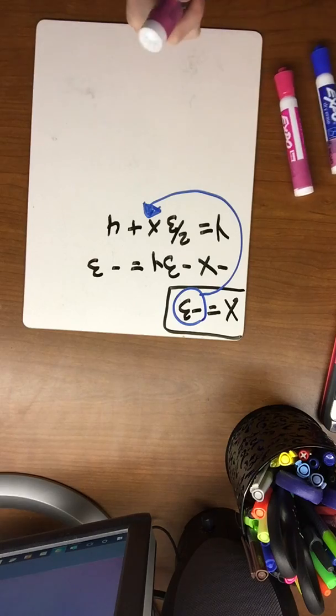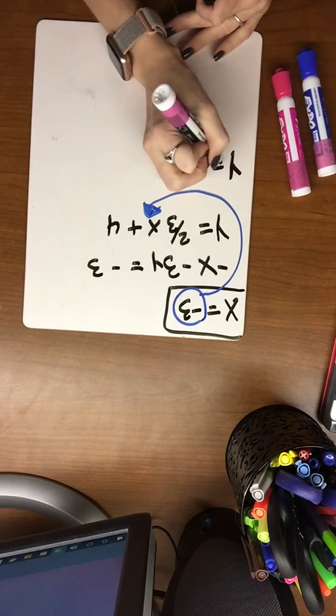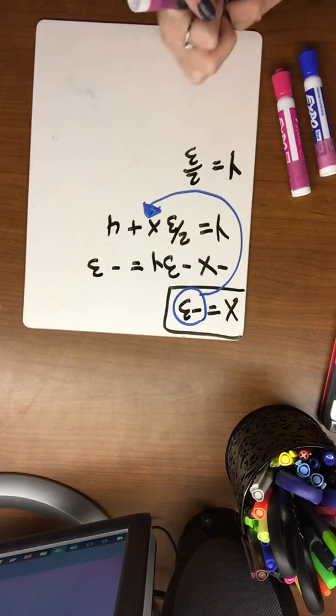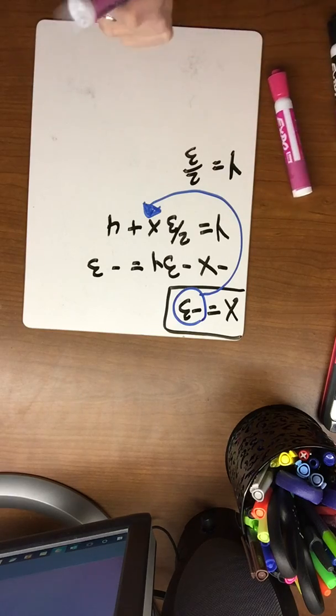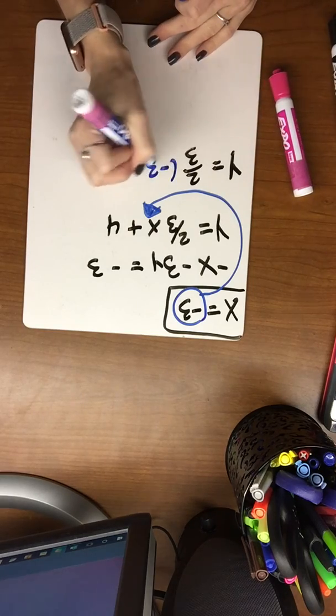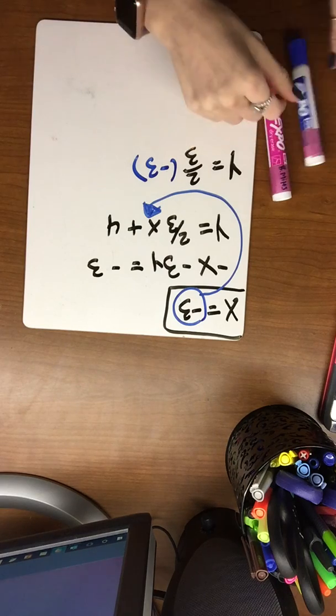When we do that, we get y equals 2/3 times my x, which is now negative 3, plus 4.